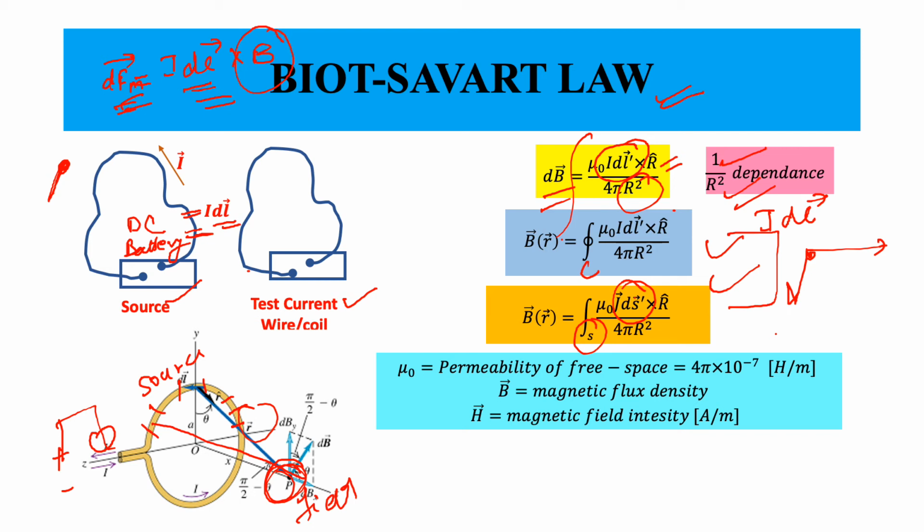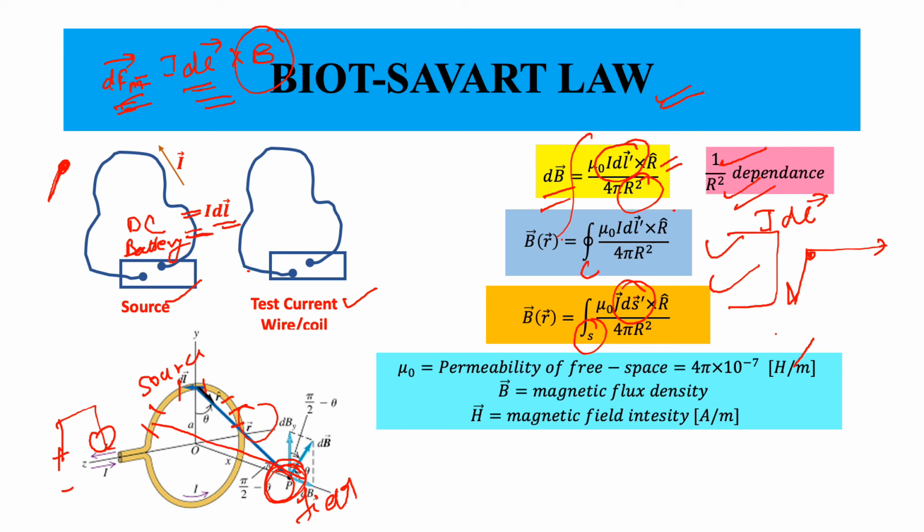So just like we had permittivity of free space denoted by epsilon naught, approximately 9 into 10 to the power minus 12 Farad per meter, we have permeability of free space, which is denoted by mu naught, 4 pi into 10 to the power minus 7 Henries per meter.